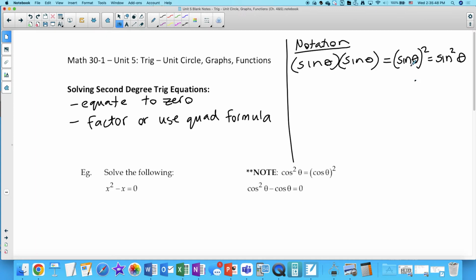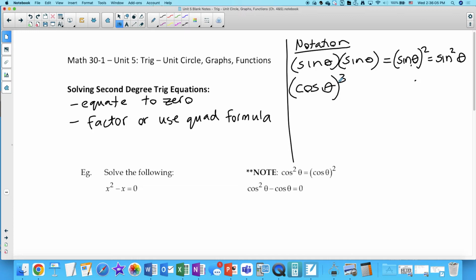Same with, let's say you did this: cos theta cubed, cos theta times cos theta times cos theta. The way that that is notated is cos cubed theta.